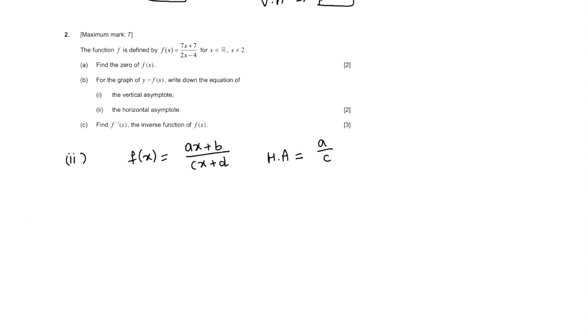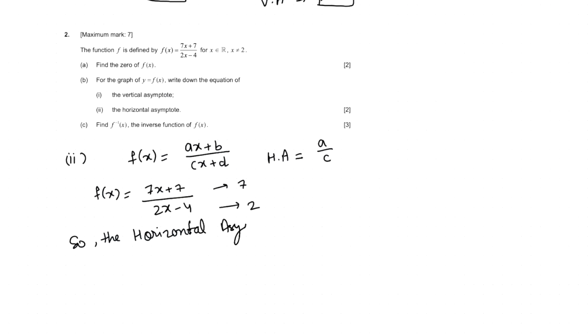Now for the given function f(x) = (7x + 7)/(2x - 4), the leading coefficient in the numerator is 7 and in the denominator is 2. So the horizontal asymptote is y = 7/2.